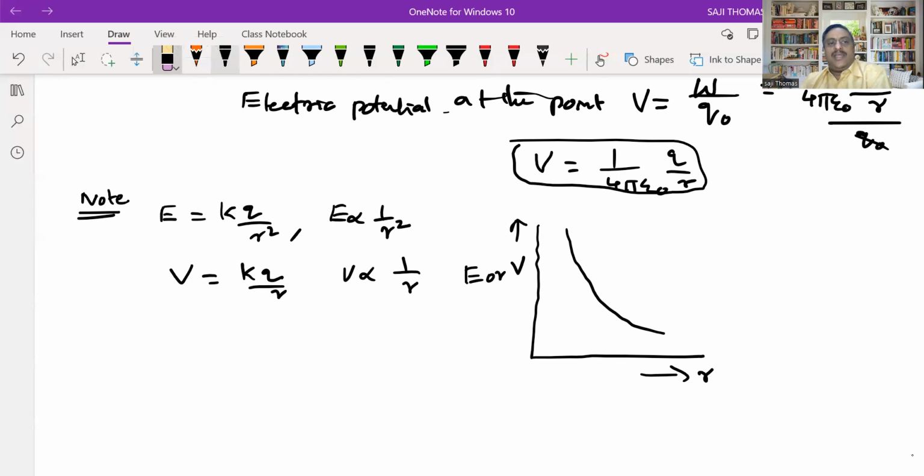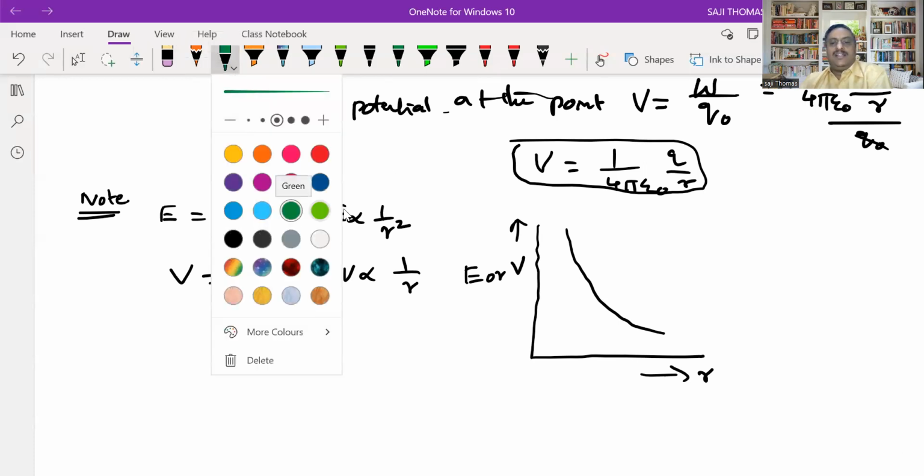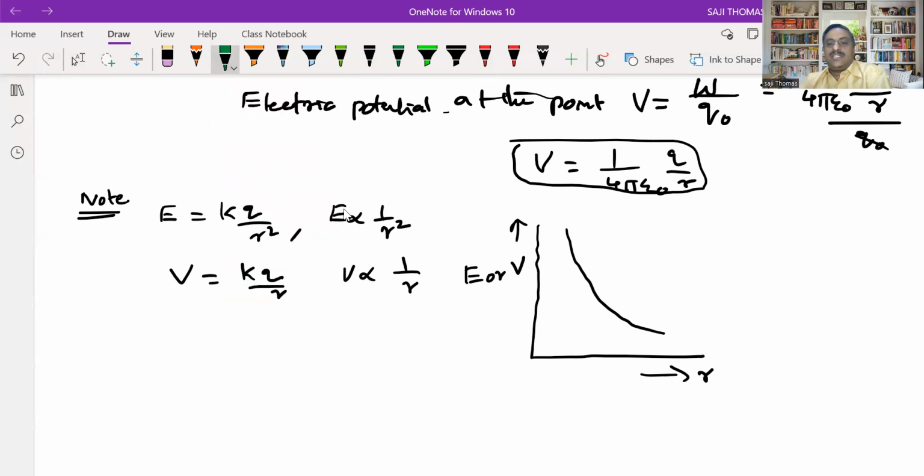So if I draw a potential curve, I draw it with a different color. That potential versus distance curve will be like this. See, it will be less steeper. Why? E proportional to 1 by r square, power is 2. V proportional to 1 by r only. So potential versus distance curve is less steeper than electric field versus distance graph. This you have to remember, very important.